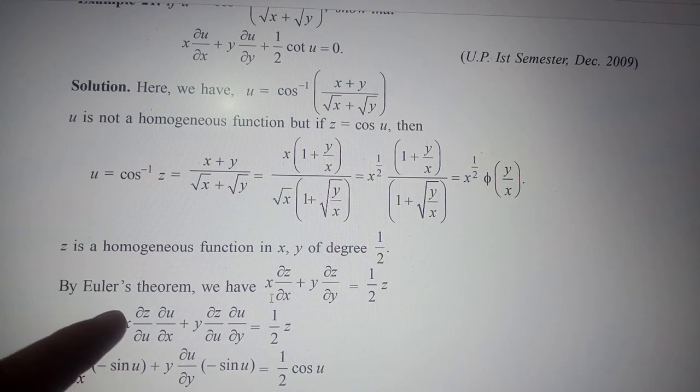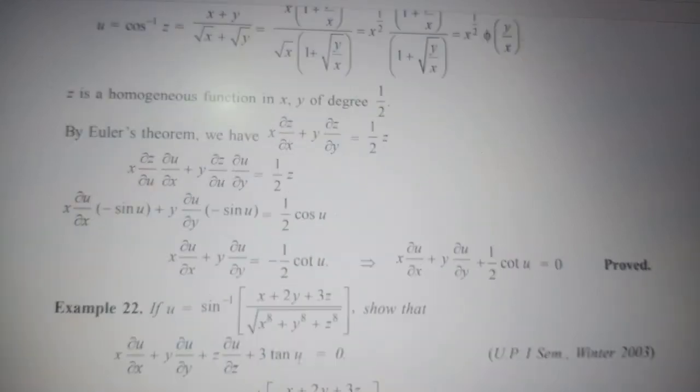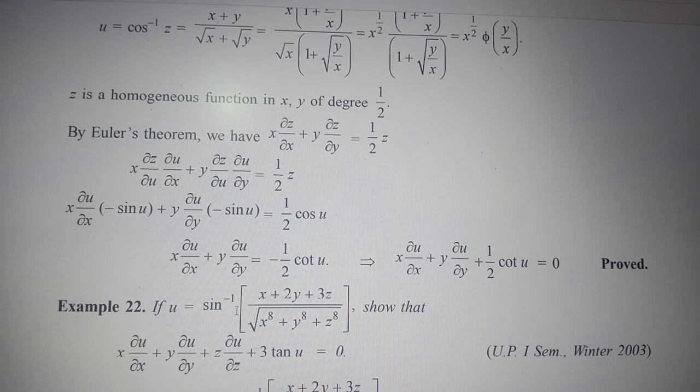Here dou z by dou u is minus sin u, so minus sin u times dou u by dou x plus dou u by dou y is equal to half into cos u. From that we get sin u here, and that is equal to minus half cot u, and we get that it is verified and proved.